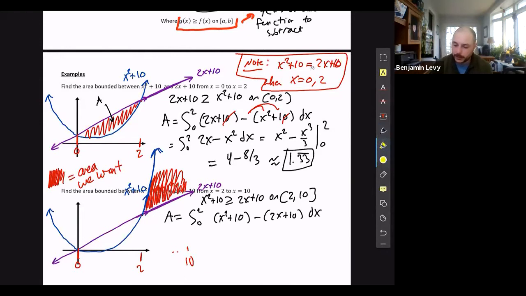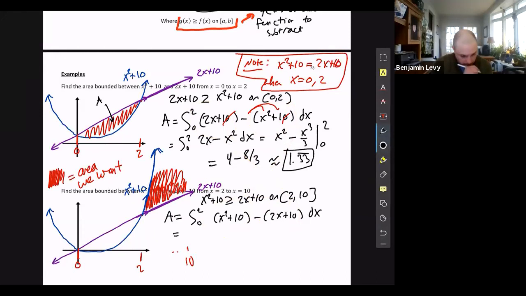Just to be clear, this one went over here, this one went over here. The antiderivative ends up being very similar too, because it's the same functions, there's just a negative in a different place.